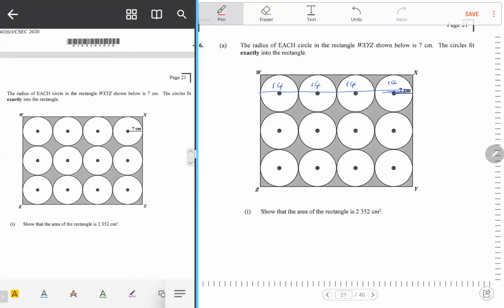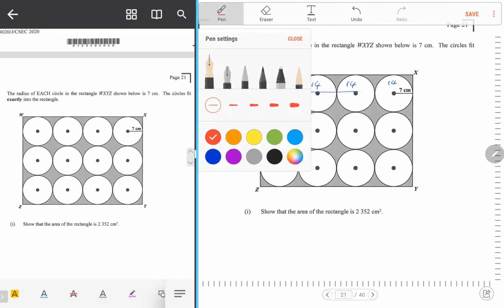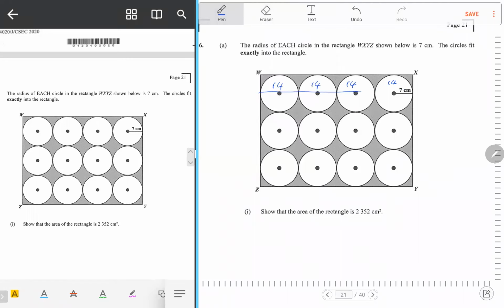Let's use a different color for that. Let's clean this up a little bit. It's just a different color coming down here. So this one now is 14 for this one, 14 for this one, and 14 for this one. So the total length down here is basically 3 times 14.